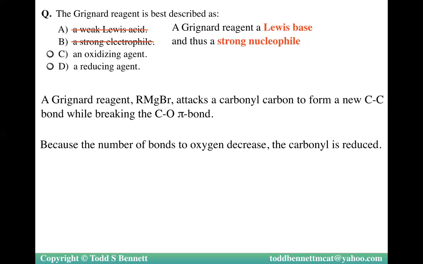So it is acting as a reducing agent. You'll note it is connected to a magnesium, which is a less electronegative atom, and it finishes bonded to a carbon, which is a more electronegative atom. So it lost a bond to a less electronegative atom, so its oxidation state goes up by 1.